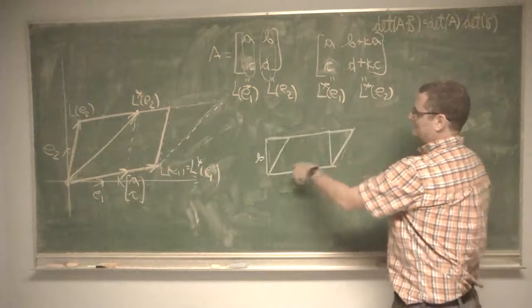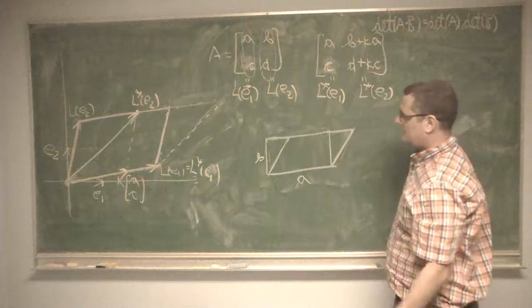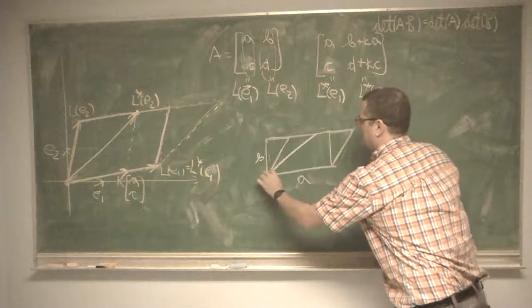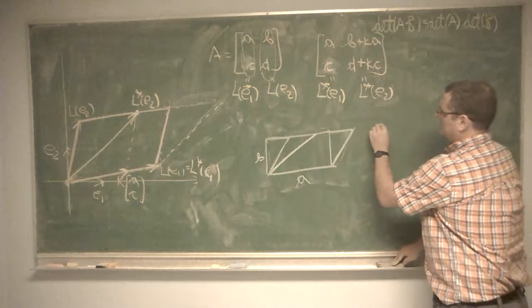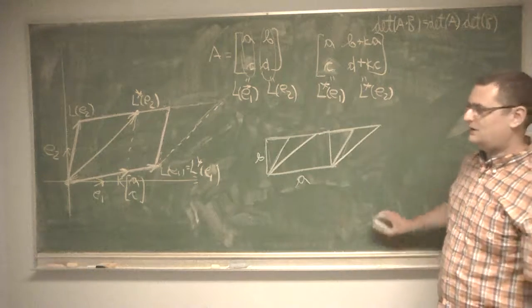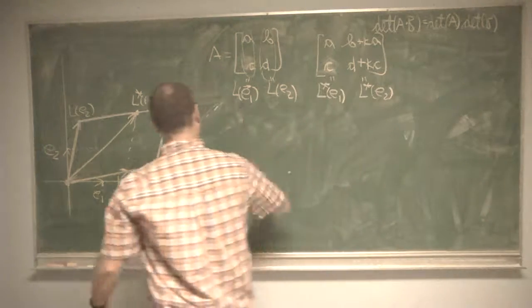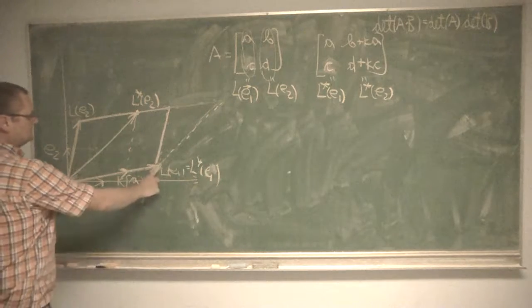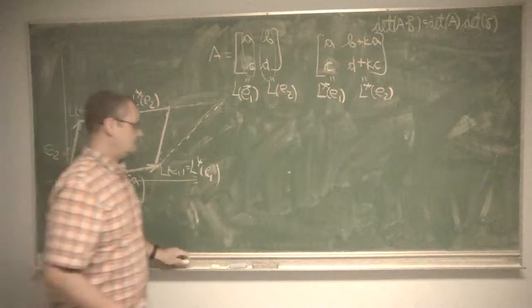And so this parallelogram can be any, so I can take any other parallelogram over the same base and with the same height, and it's going to have the same area. And so you see here that two parallelograms with the same base and same height have the same area.